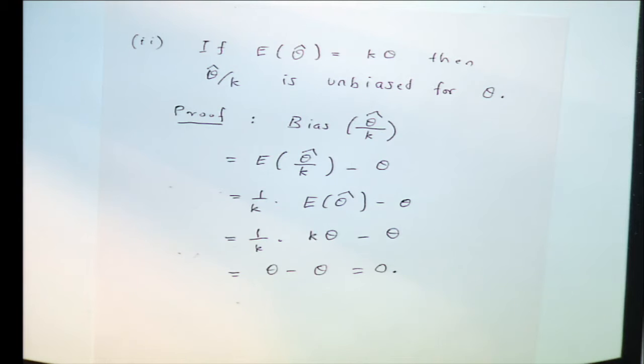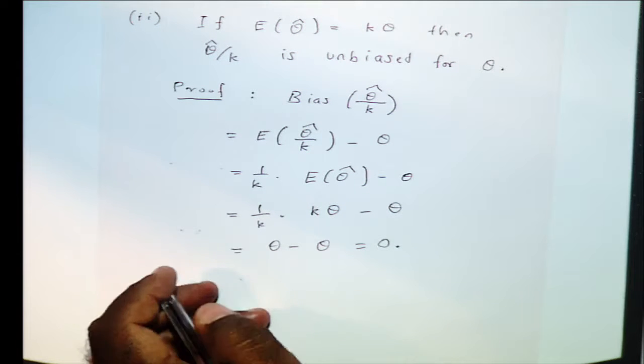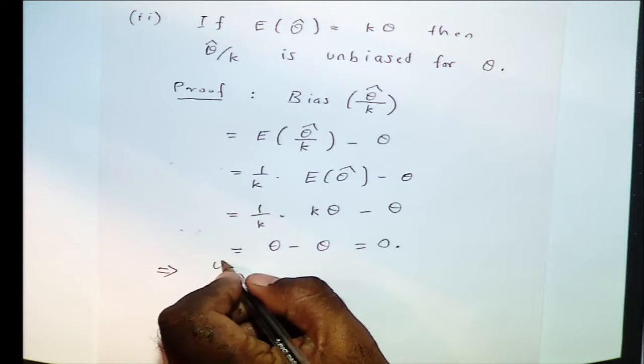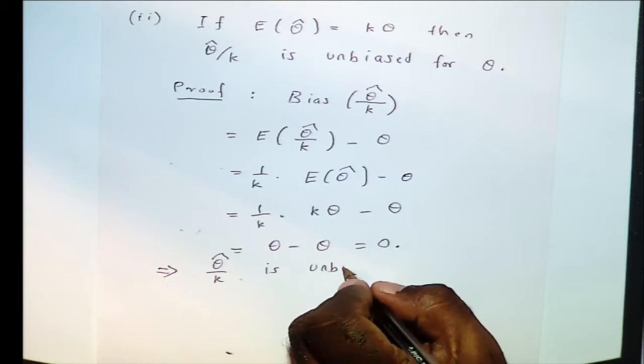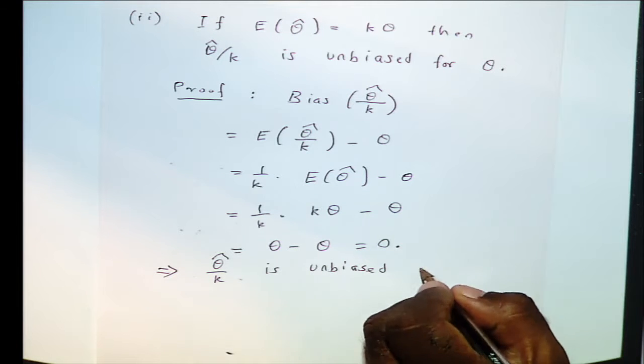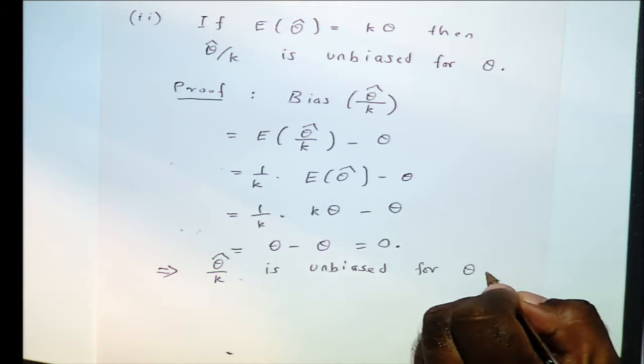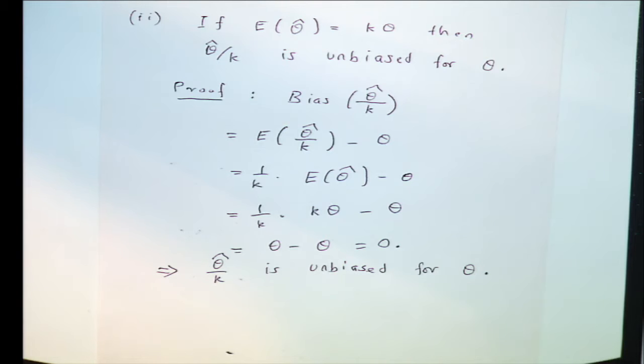All right, so we have proved that the bias of theta hat divided by k is equal to 0, and therefore theta hat divided by k is an unbiased estimator for theta.